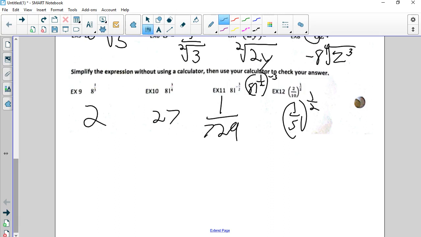So the square root of 1 is 1 over the square root of 5. And if I rationalize that, I would just get the square root of 5 over 5. There you go. That's it.